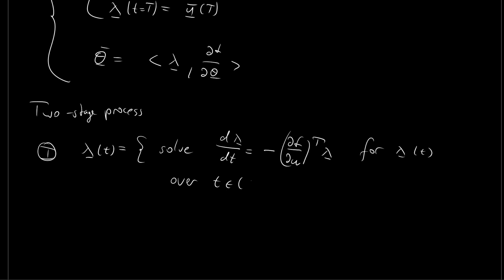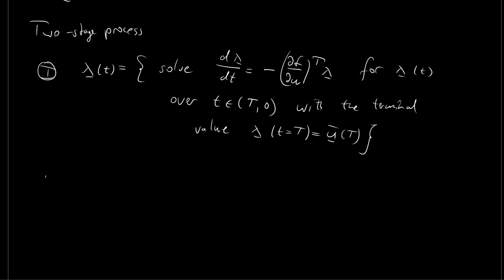It does not really matter, but it has to be between capital T and 0 because it is a terminal value problem, with the terminal value lambda at t equals capital T being u bar at capital T, so the cotangent we are given.